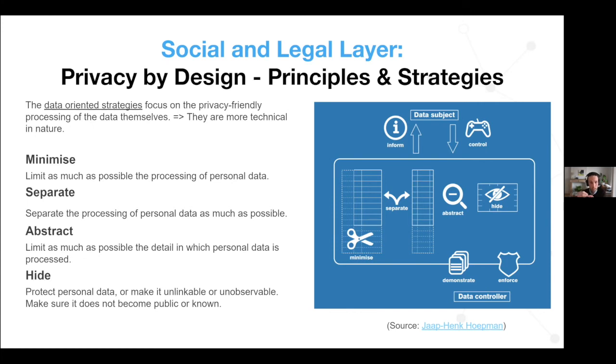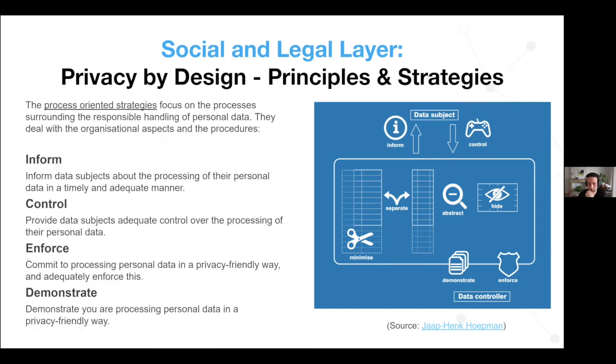If we can make abstractions of certain data and aggregate, that's always preferred. And then we need to hide data from unauthorized eyes that should not see it. That's sometimes a difficult thing to achieve, of course, in blockchain related environments.